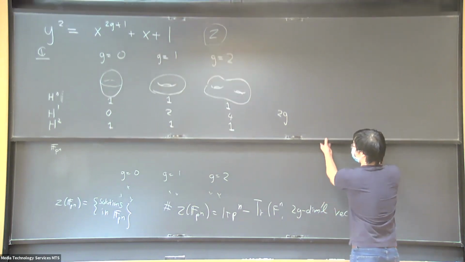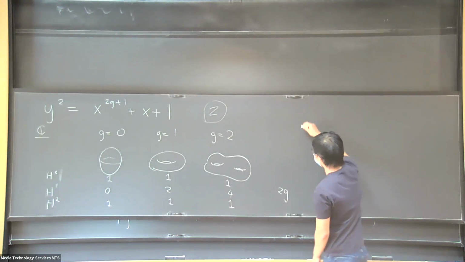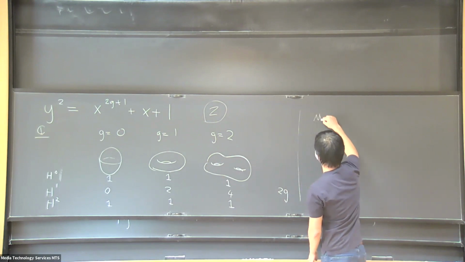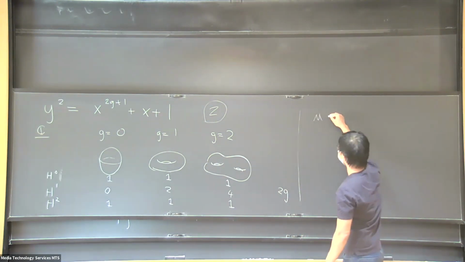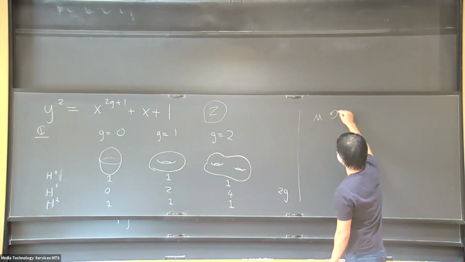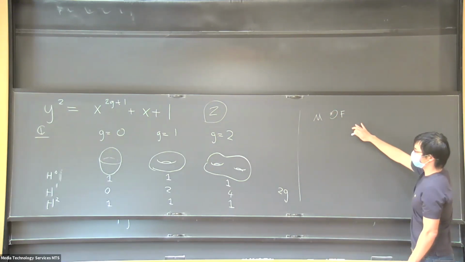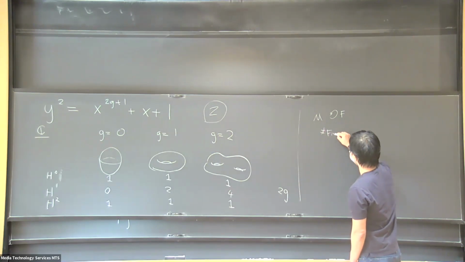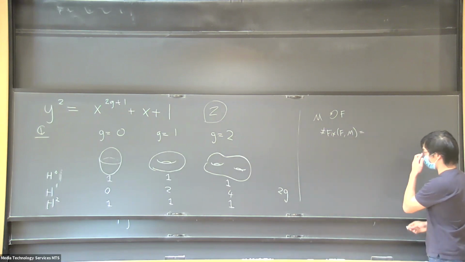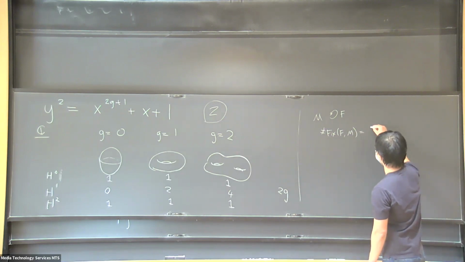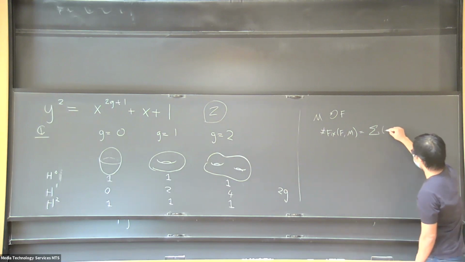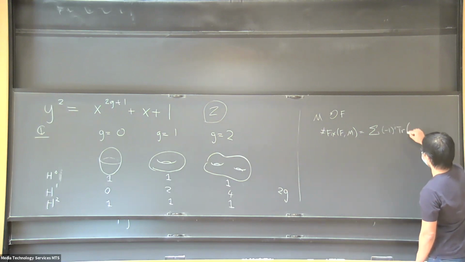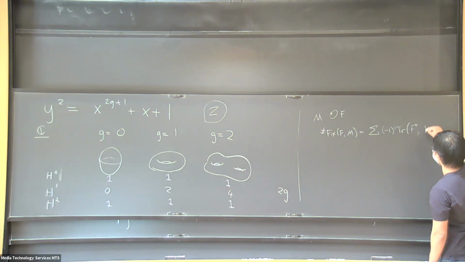I'd like to recall that in the topological picture, when you have, let's say, N, a nice topological space, maybe even a manifold, with an endomorphism F that has a finite number of fixed points, then the number of fixed points can be expressed as an alternating sum of the trace of F on the homological side.